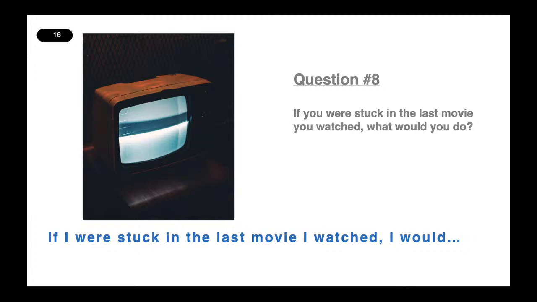Linda says my kid's last movie was Winnie the Pooh. If I were stuck in there, I might kill all of them because they are so slow and stupid. Okay, that's kind of violent. I don't know if I've seen the Winnie the Pooh movie. Is that a new movie? Not sure.